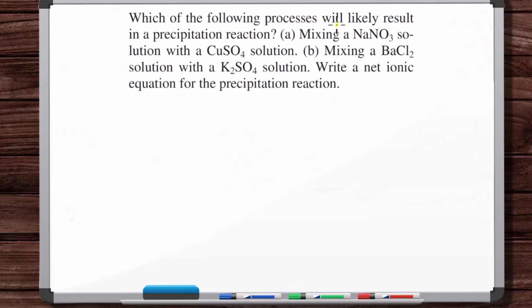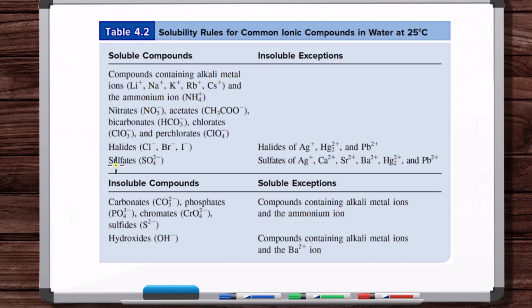Which of the following processes will likely result in a precipitation reaction? If you mix a sodium nitrate solution with a copper 2 sulfate solution, or you mix a barium chloride solution with a potassium sulfate solution. So, okay, we'll have sodium and sulfate interacting in this first solution.